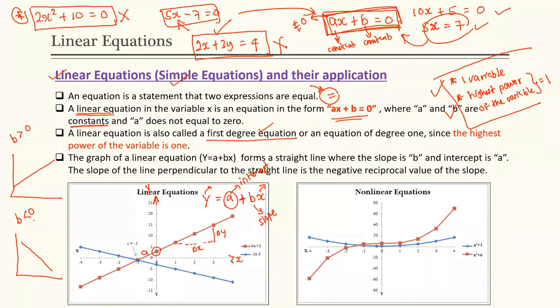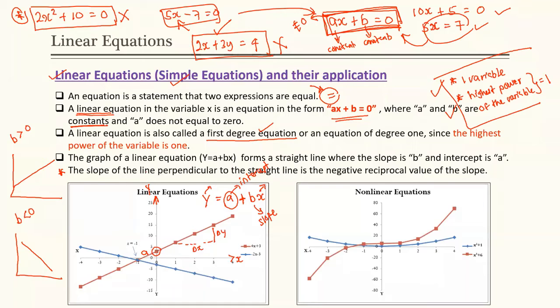If the slope is negative, it should go downward. The formula associated with the straight line. So this is also a simple equation. And this point: the slope of the line perpendicular to the straight line is the negative reciprocal value of the slope.